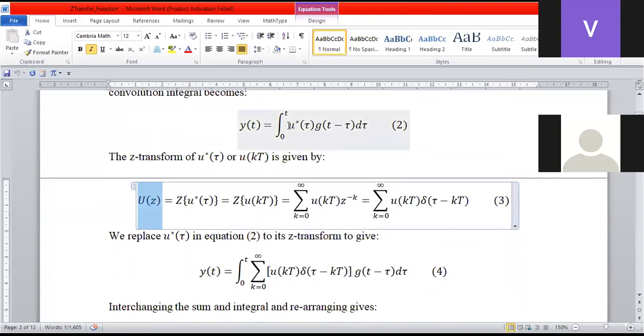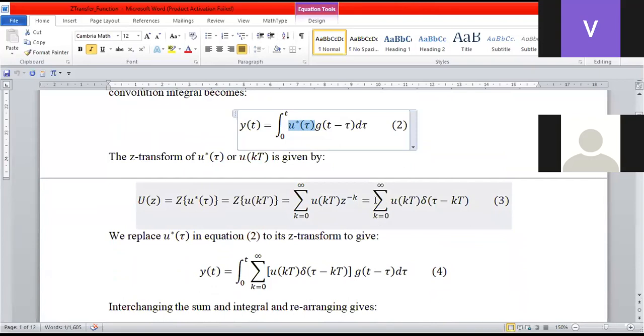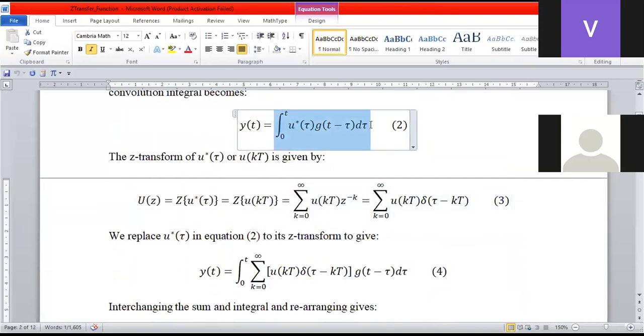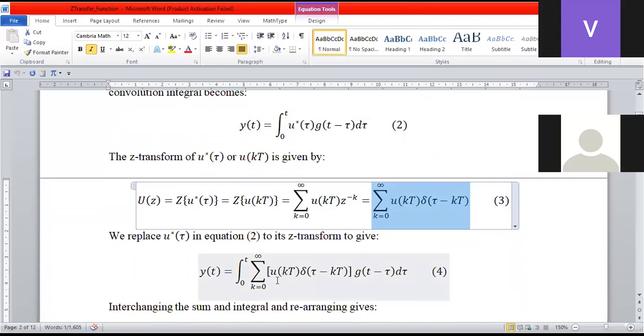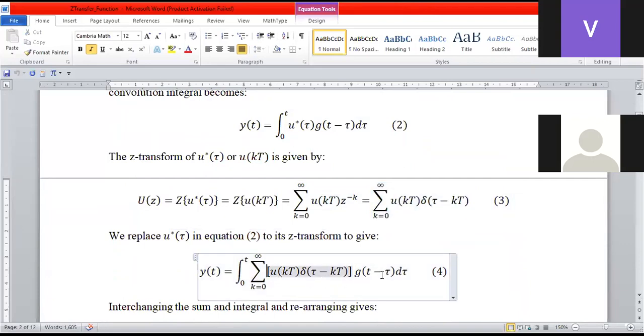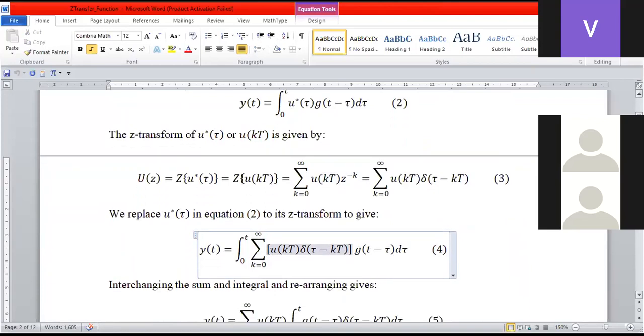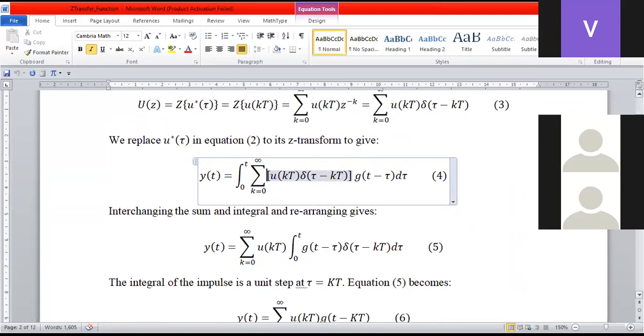So instead of this u of t that is here, we replace it with what we get here. Instead of u of tau, we are replacing it with this, which gives us equation 4. The next step is to interchange the integral and the summation.